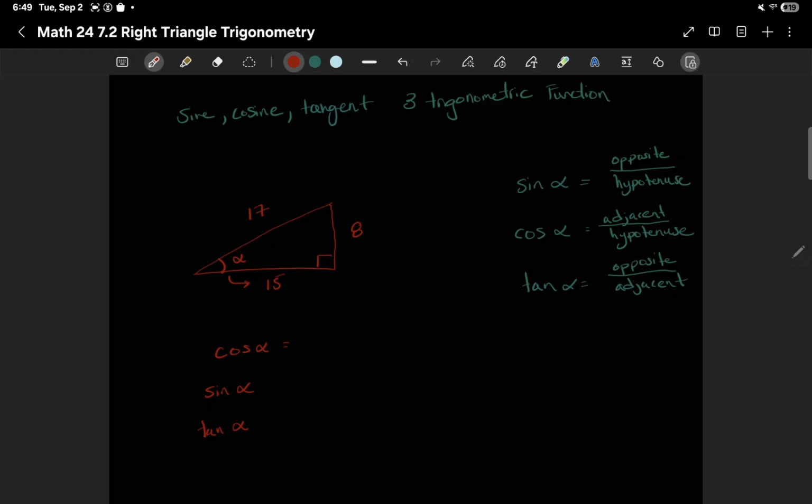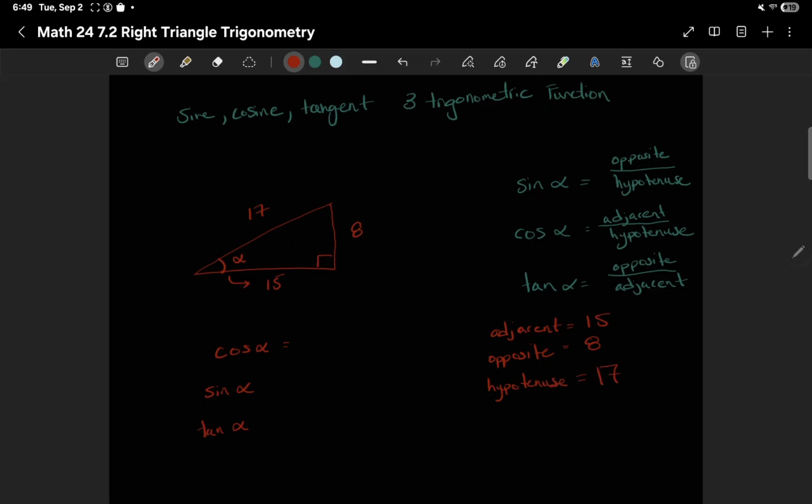My adjacent side is equal to 15. My opposite side, the side that's opposite of the angle, you can think of it like a cannon shooting from the very corner of the triangle, is equal to 8. And my hypotenuse, the side that's opposite the 90 degree, is equal to 17.